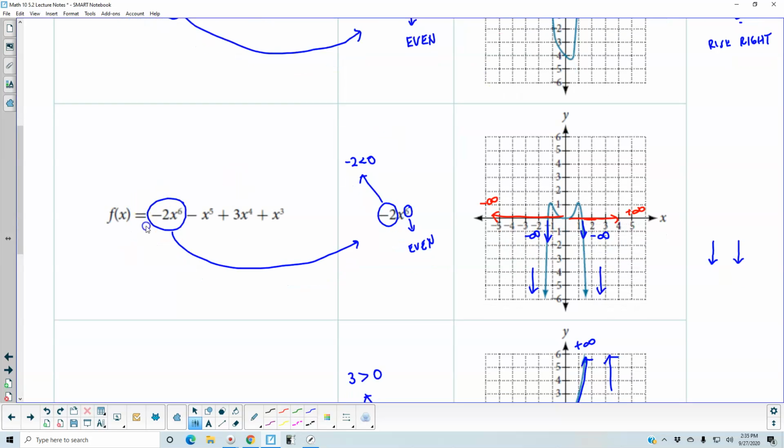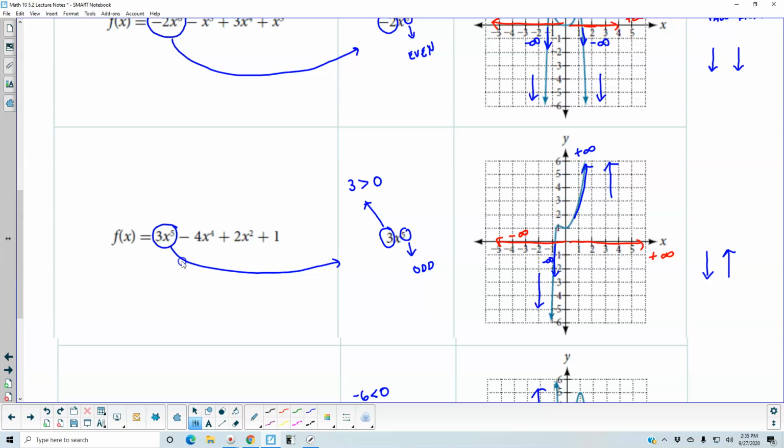Okay, now if we end up getting a negative leading coefficient with an even degree, well, what's going to happen is it's going to fall on the left and also fall on the right.